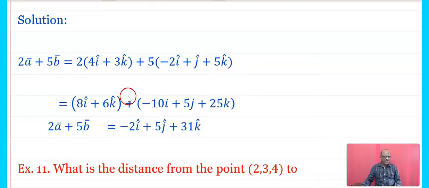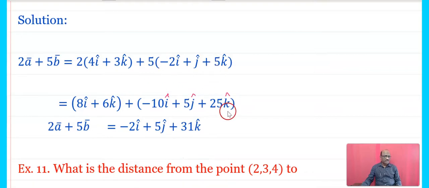you evaluate it, then you will get the terms of i only, 8i, okay, first 8i plus 6k cap, in the next bracket minus 10i cap plus 5j cap, j cap, i cap, and the last is also k cap.